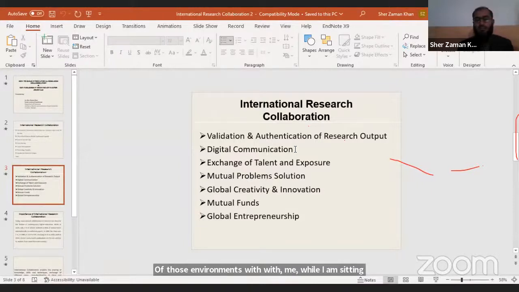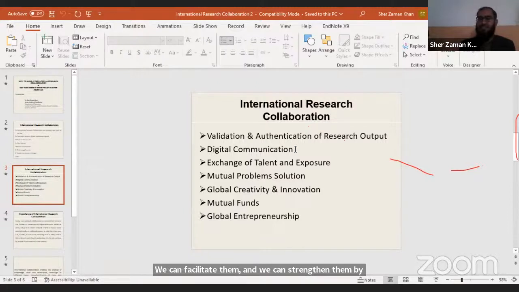So by having international research collaboration, we can exchange talent and exposure with one another, and particularly we may focus on those students and researchers who are newer in the field or who have the least exposure and experience in research, particularly international research. We can facilitate them and strengthen them by providing them support.